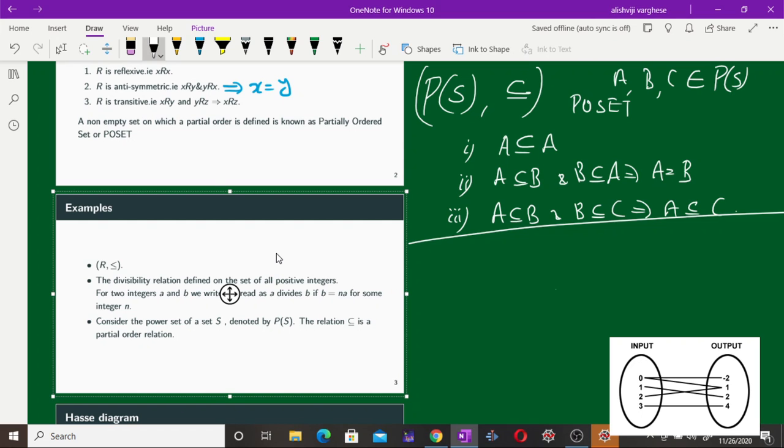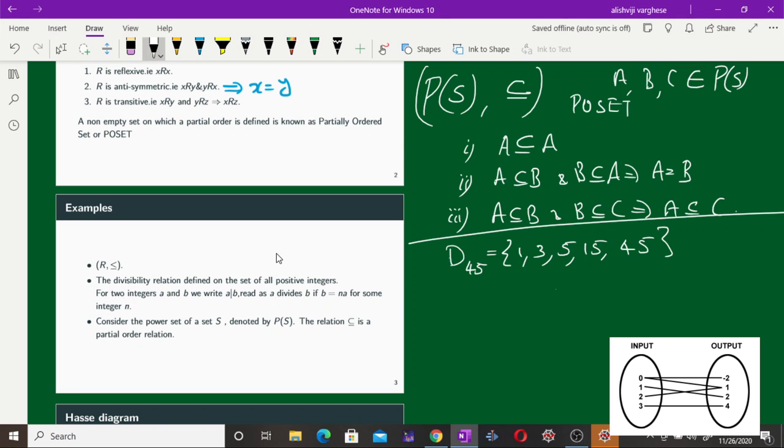So, for example, instead of considering the set of all integers, if we consider the set of all divisors of a number like say 45, then it is nothing but 1, 3, 5, then it's not divisible by 10, it is divisible by 15, then 45.